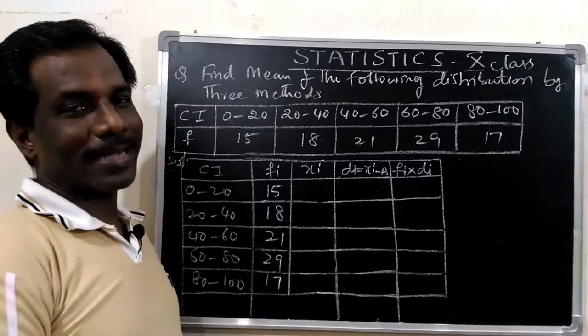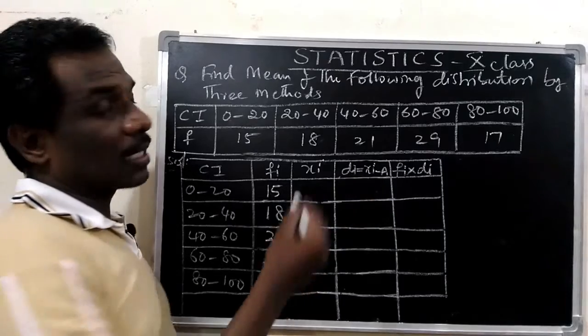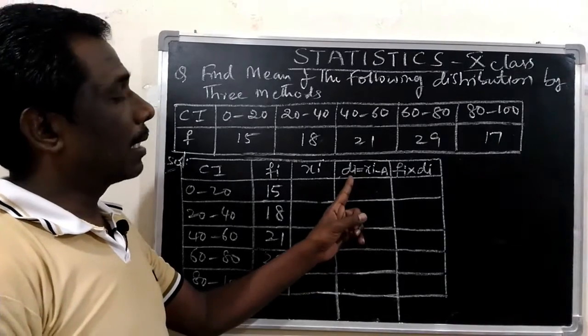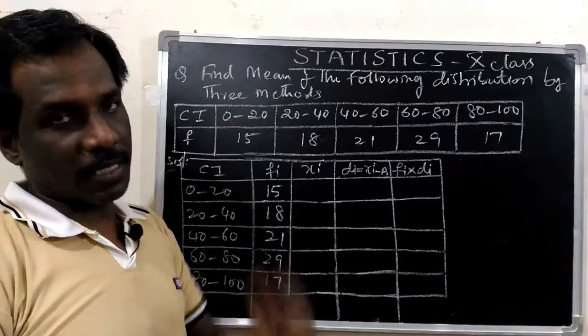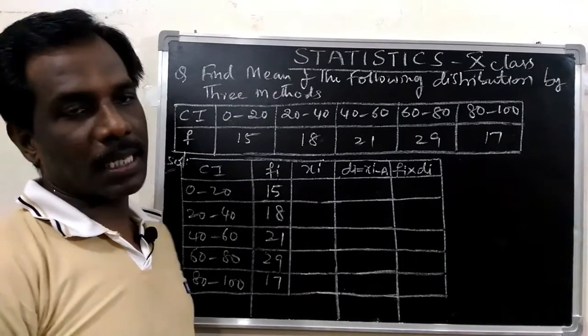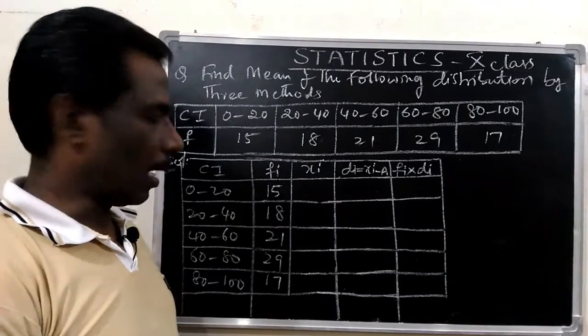First one is xi, second one is di, where di is obtained by xi minus a, and the third one is fi into di.